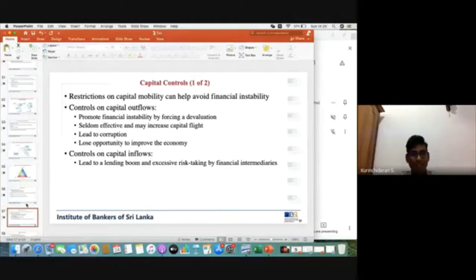If you only control these things, you are not going to think about the space where you can improve the economy. You just control capital. That means we don't look for avenues that can promote the economy, and automatically we control capital flows. On the other hand, controls on capital inflows can lead to a lending boom and excessive risk taking by financial intermediaries.